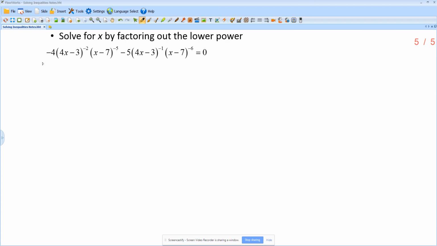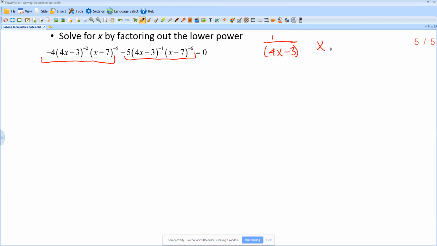Looking at this problem, I've got two terms, and what I want to look at is the individual factors of them. So first, let's actually factor it a little bit. Well, no, let's just deal with it right away. 4x minus 3 to the negative first. What that is, is 1 over 4x minus 3. So the only issue I have with 1 over 4x minus 3 is that the denominator cannot be 0.